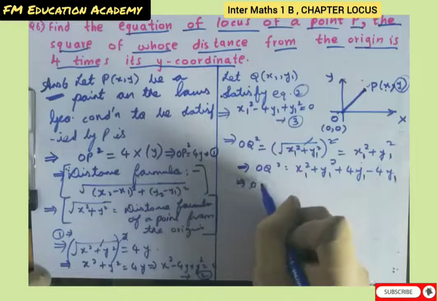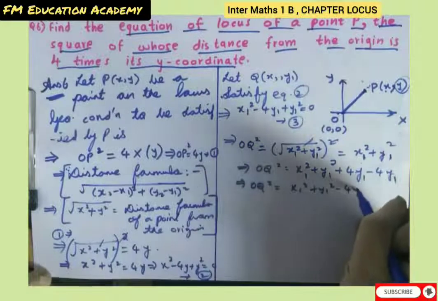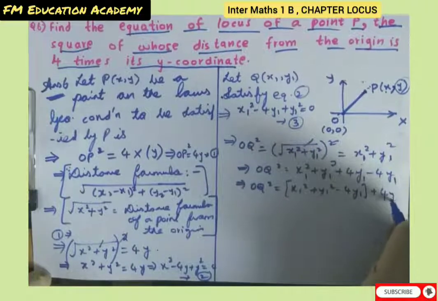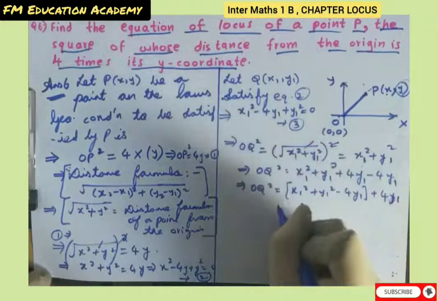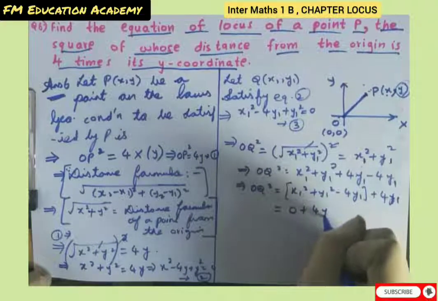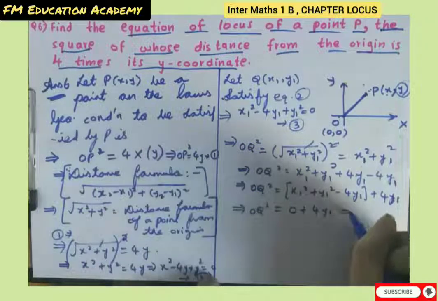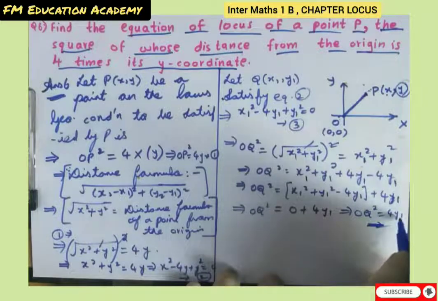So we will keep x1 square plus y1 square minus 4y1 in one bracket, and plus 4y1 we will keep separately. So we know that this is equal to 0. So 0 plus 4y1. So we got to know that OQ square is equal to 4y1.